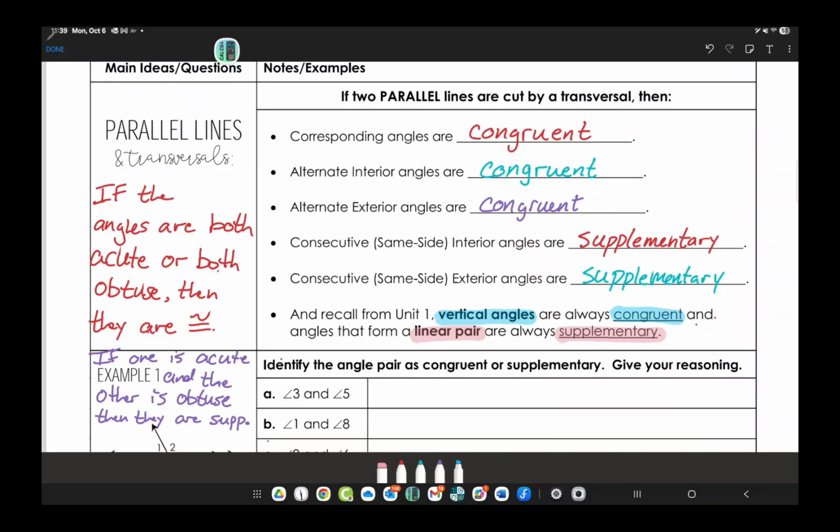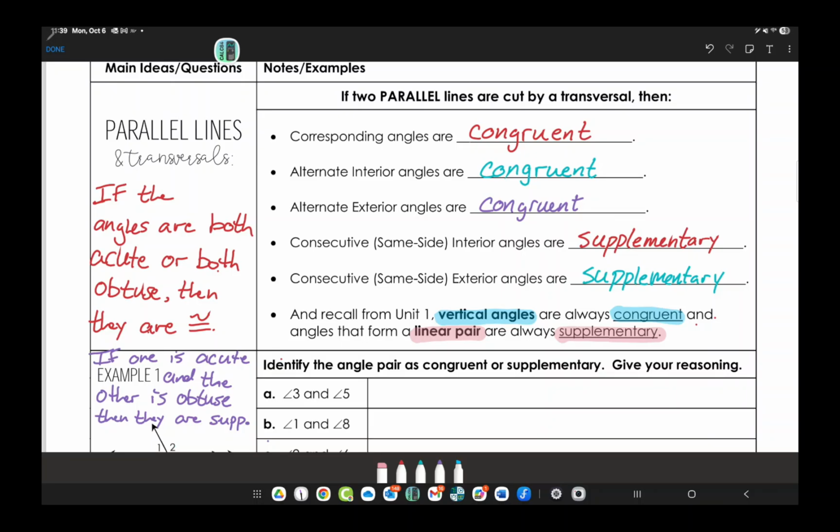If they're both acute, probably, most likely, 99% of the time they're congruent. The only time it's not the case is if they're not connected by that transversal. One is obtuse, one isn't. Obtuse is bigger than 90, acute is less than 90. If one is obtuse and the other is acute, so if they're opposites, then they're supplementary.